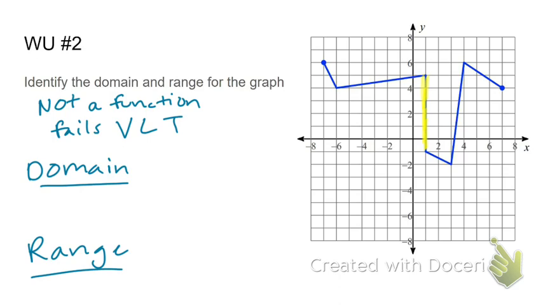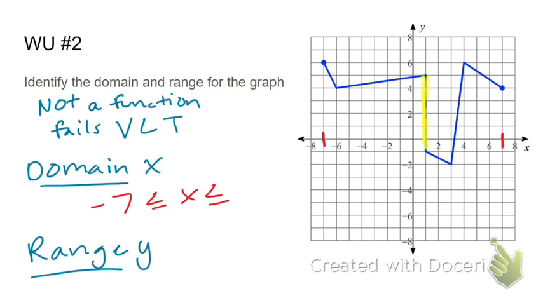All right? So when I talk about domain and range, I talk about the x values for domain, the y values for range. And I'm going to start with the x's. So what's my furthest point to the left? Negative 7. What's my furthest x value on the right?